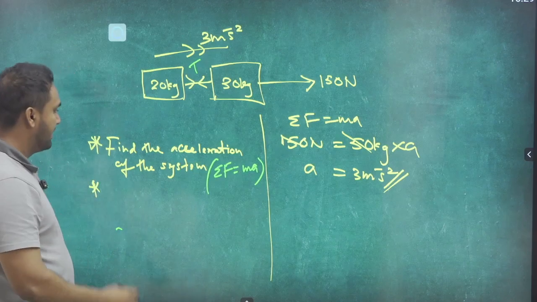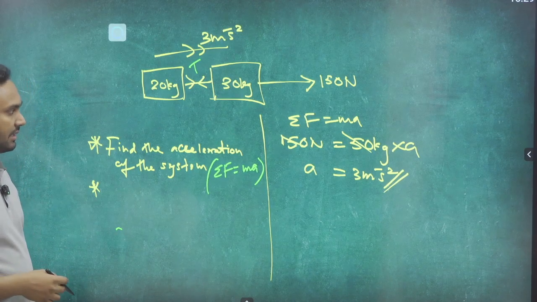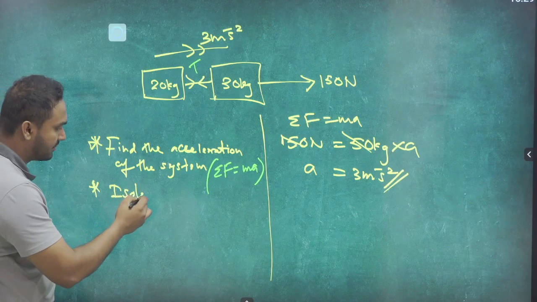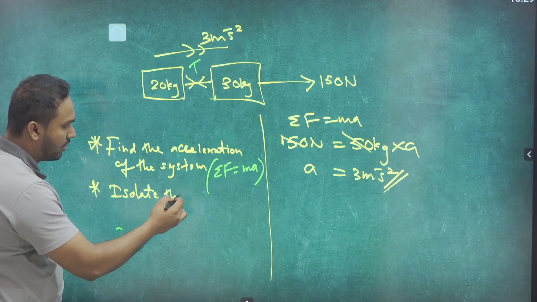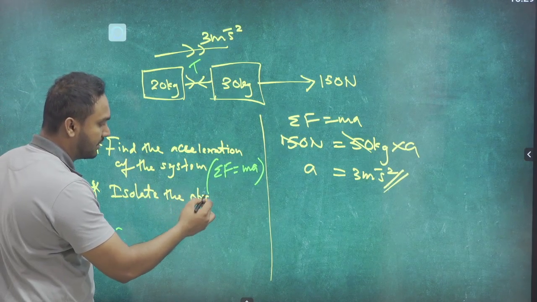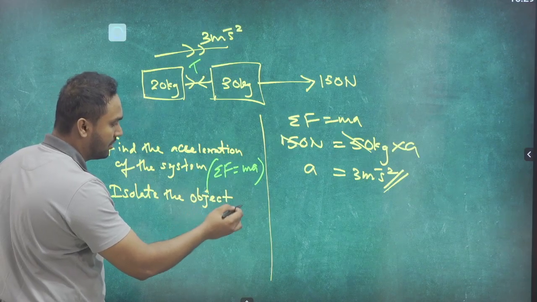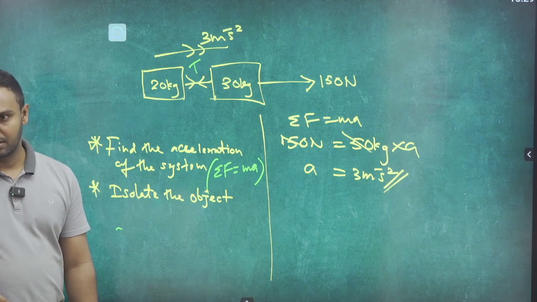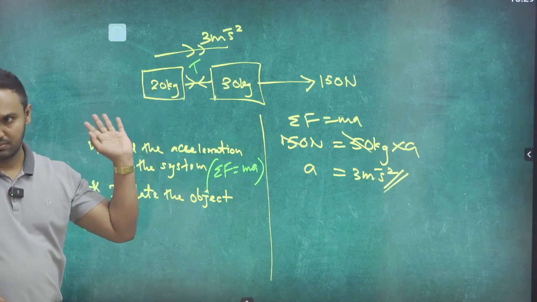Yes. The second thing you have to do is isolate the object. Isolate any of the objects that you feel like, to find the tension. You can isolate any of the objects, right? Either this one or this one, right?